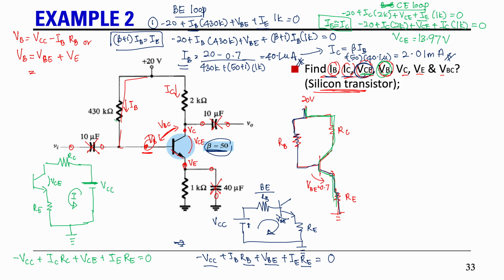VBE is given to you as 0.7. VE is IE multiplied by RE. How to find the IE? IE is equal to IC. So 0.7 plus IC RE, and we get VB equals 2.71 volts.